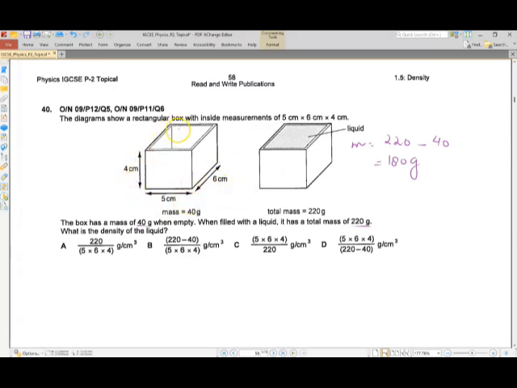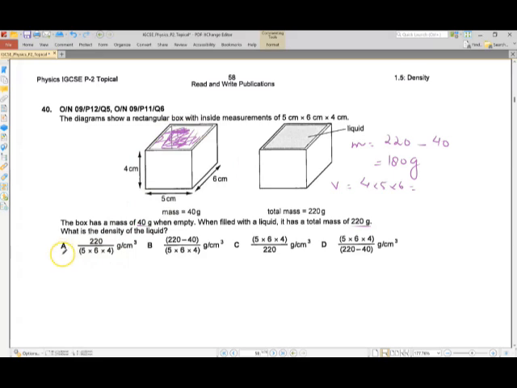For volume, we can always use the dimensions. We know that this is going to be filled with the liquid, so the volume would be the same as the volume of the box. We don't need to calculate that, we just need a formula for that. So mass is 220 grams, by volume is 5 into 6 into 4, the dimensions of this box.